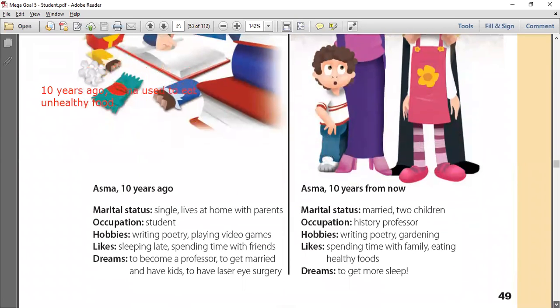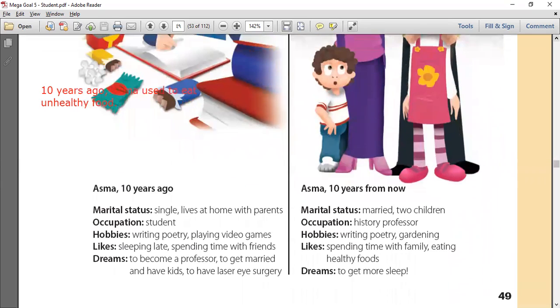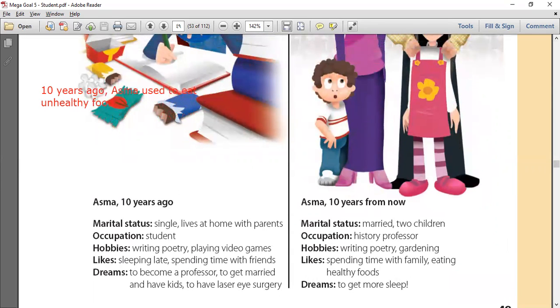As you can see here, you can get it also from the picture that she's not eating healthy food, and now here she is, or 10 years from now, she's eating healthy food, or she's going to eat healthy food.